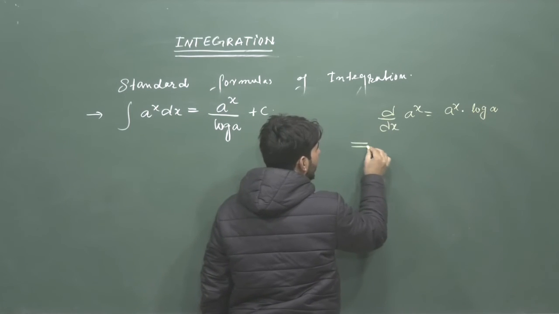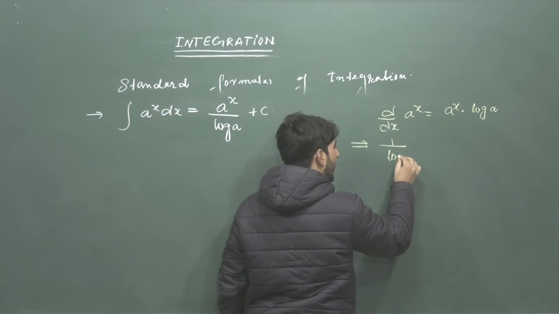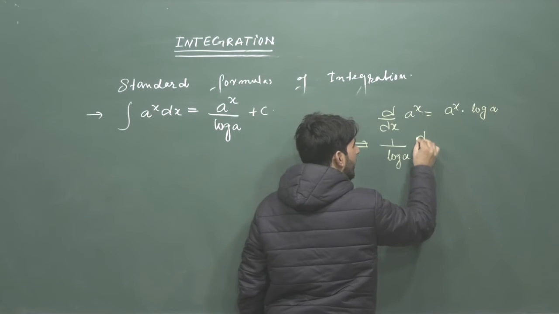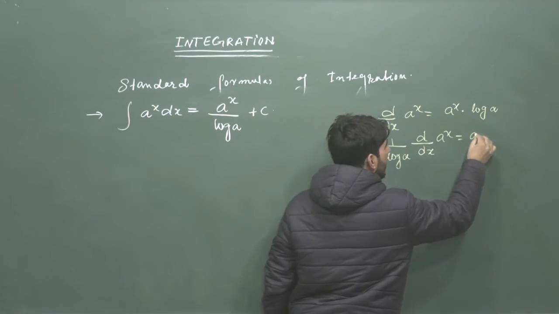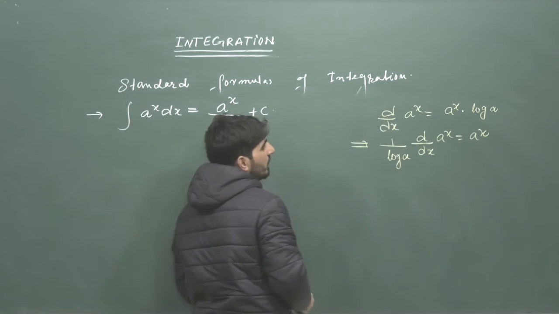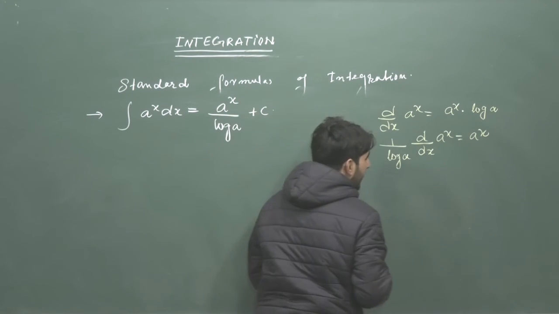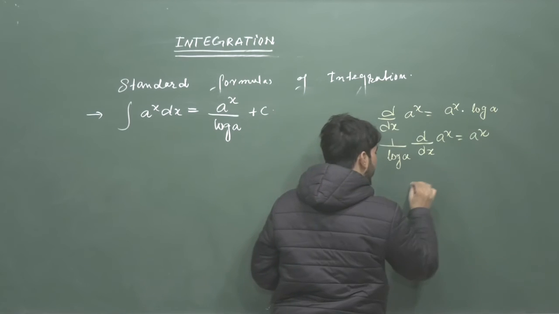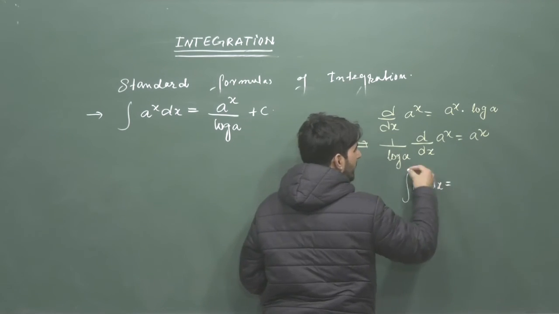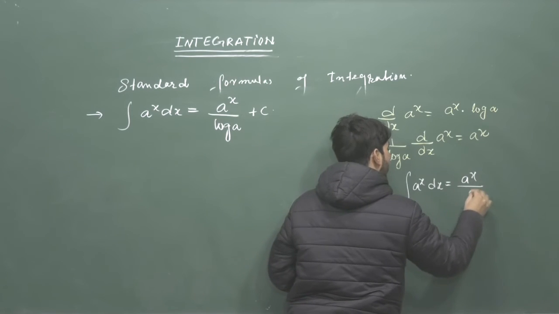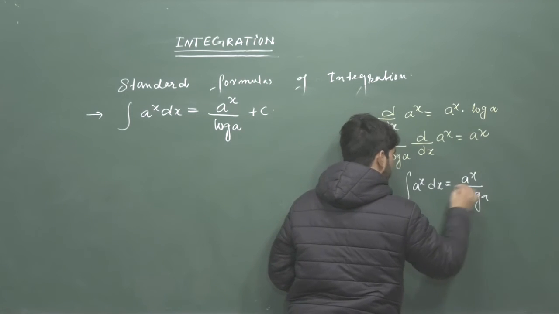So we may write this 1 divided by log a. So we can say here integration of a raised to power x dx is a raised to power x divided by log a.